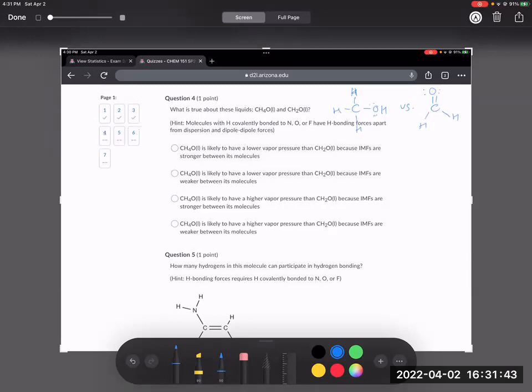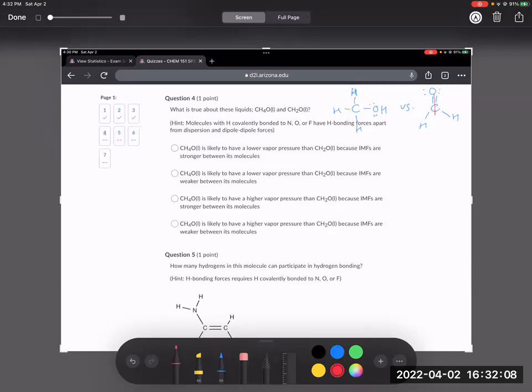Now we know the two Lewis structures of CH4O and CH2O. What we need to do is determine the types of intermolecular forces we have, because that is related to the vapor pressure. The stronger the intermolecular forces, the lower the vapor pressure. That's the idea. Now, both of these molecules are polar.